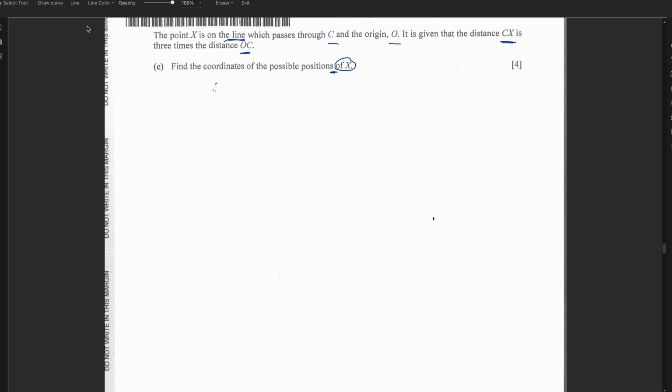First of all, let's just draw it out to be clear. This is my y-axis, this is my x-axis. My C is going to be (−5, 12), so it's probably here.